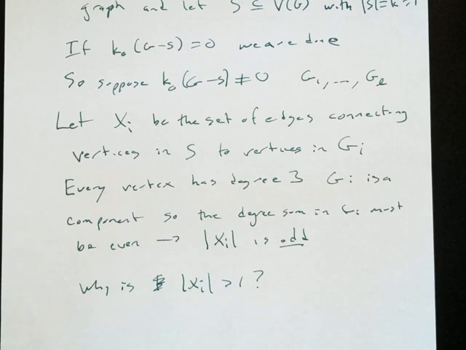And if there was only one thing taken away to disconnect, I must have had a bridge, right? I have to take away at least 2 things to disconnect without a bridge, but I had to take away an odd number of things, so it can't be 1. It's got to be at least 3, Abigail.